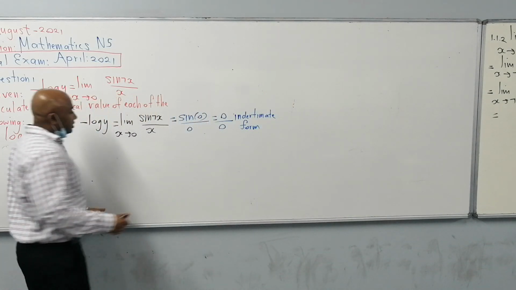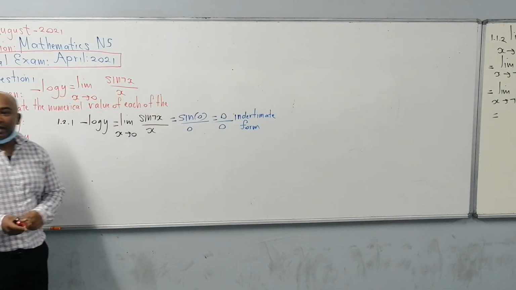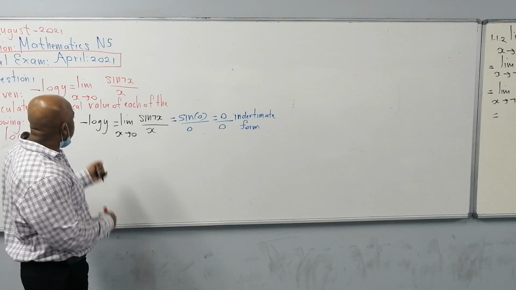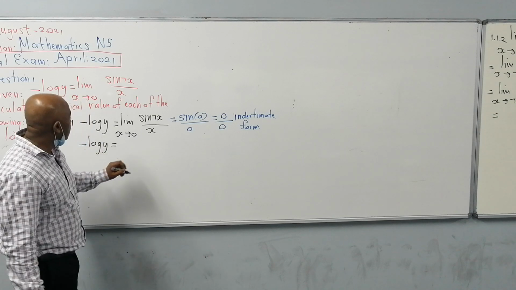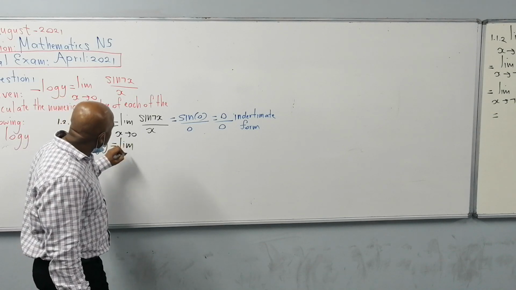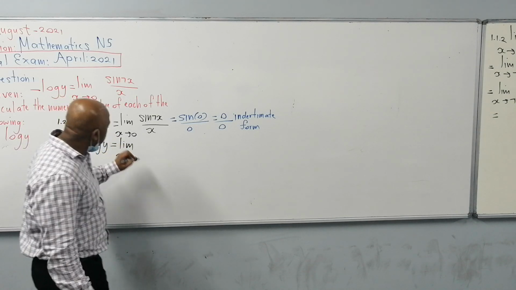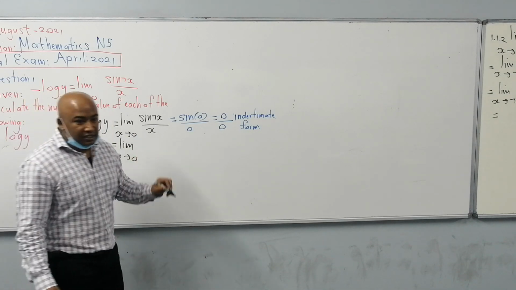So what do we do? Differentiate the numerator, differentiate the denominator. So now I've got minus log y is equal to the limit as x approaches 0. Differentiate sine 7x.